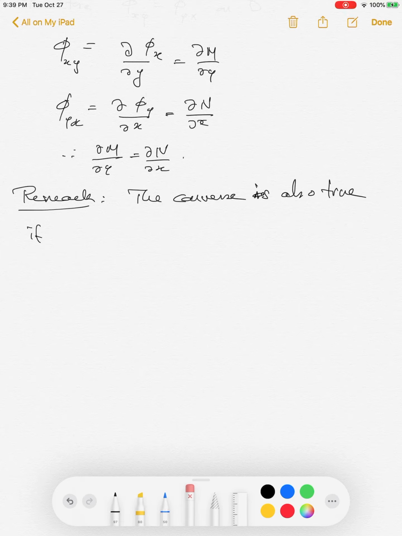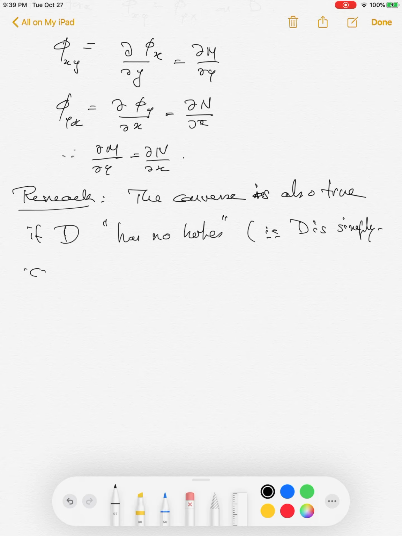So the converse is also true if D, in quotes, has no holes. In technical terms, D is simply connected. So what is simply connected? We will not worry about that at this point, but I will mention it.